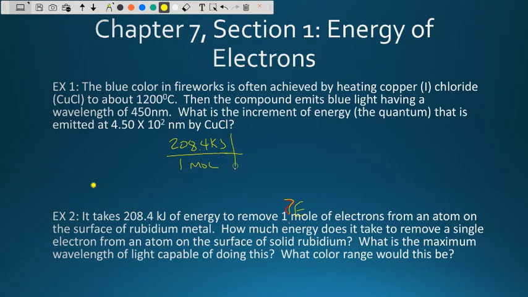How much is a mole? 1 mole is 6.02 times 10 to the 23rd particles. That's Avogadro's number, and that is a review concept. So if that's new to you, we've got to get used to the mole conversions with that. We'll do more of that later on, but it is a type of review question. So notice I'm getting rid of that, and I'm saying, okay, how much energy would it take to remove the particles?